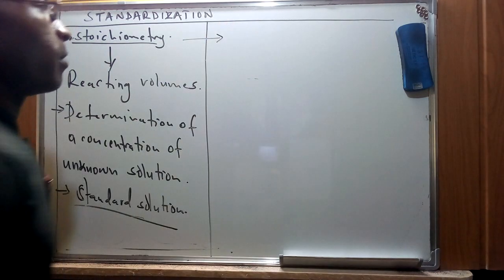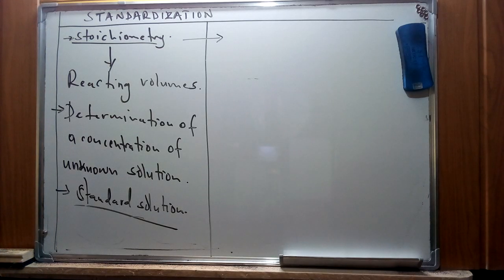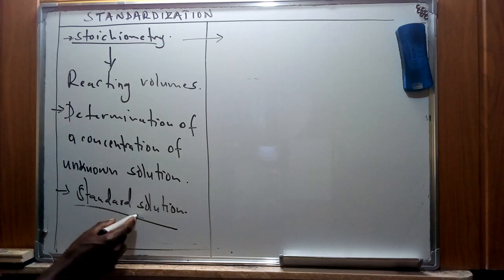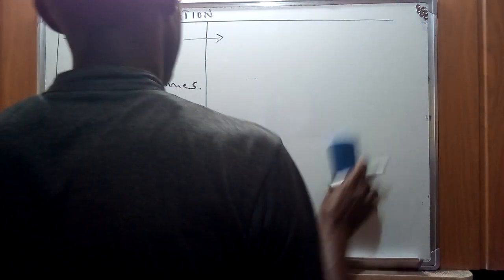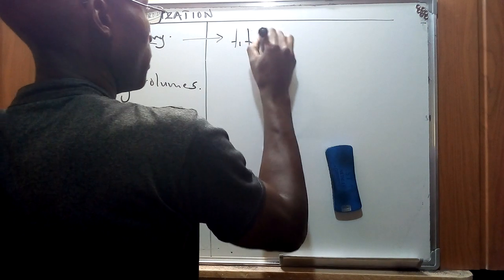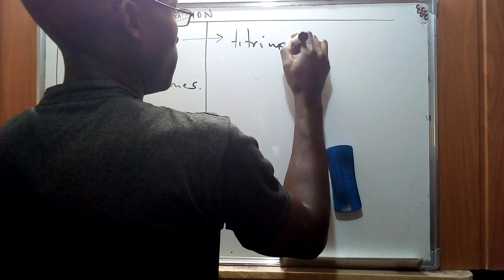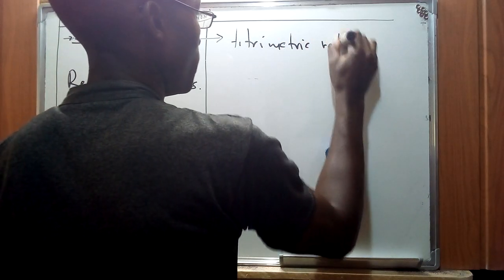From this stoichiometric relationship, we're going to figure out how we can quantify the concentration of that unknown solution. So in this process of standardization, we apply the stoichiometric relationship.